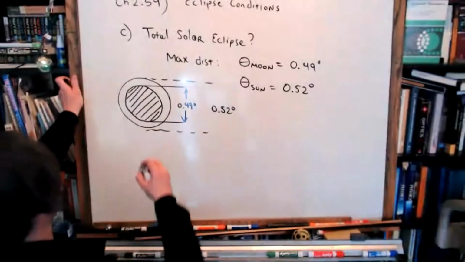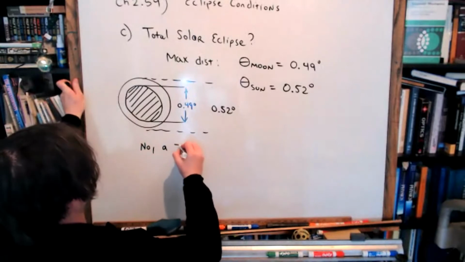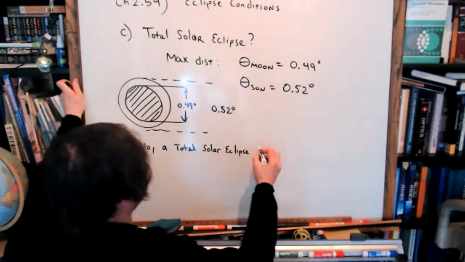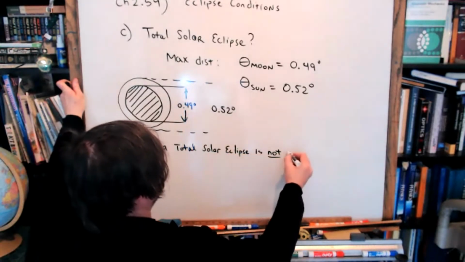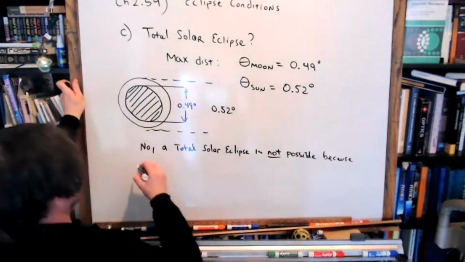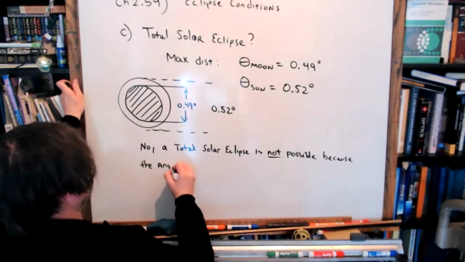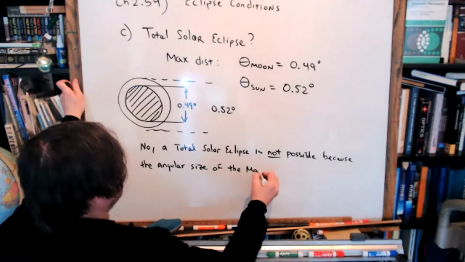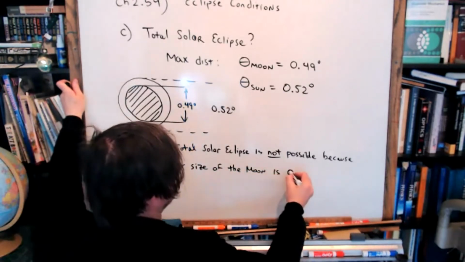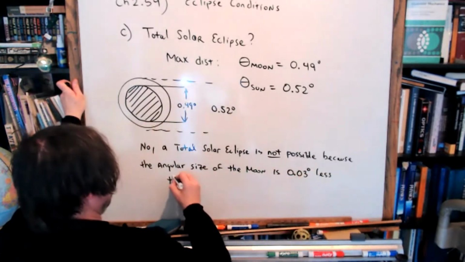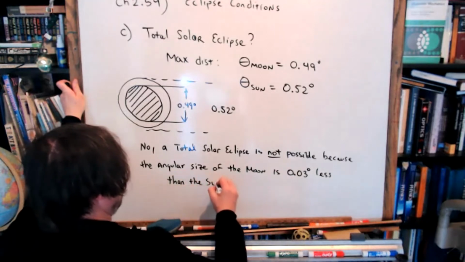Okay, so we're going to write down the following thing. No, a total solar eclipse is not possible because the angular size of the moon is 0.03 degrees less than the sun.